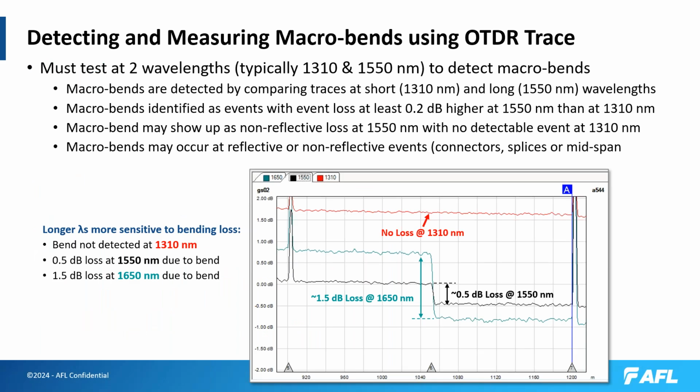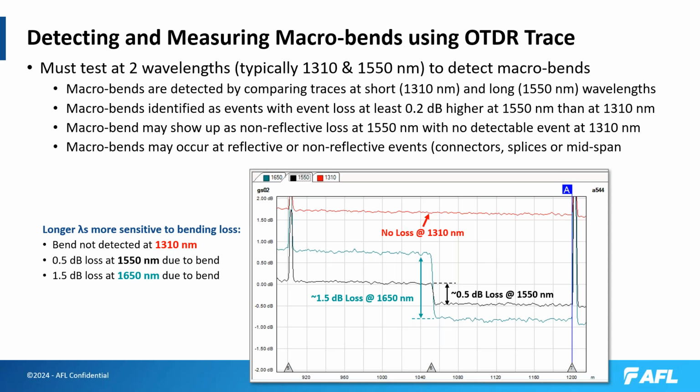So detecting and measuring macrobends, as I had mentioned before, you must test using at least 2 wavelengths, typically 1310 and 1550, a short wavelength and a long wavelength. In this example, you'll see that when we tested this network, there was no apparent loss at about 1,050 meters at 1310 nanometers, but there was a half dB of loss at 1550 nanometers and 1.5 dB of loss at 1650 nanometers.